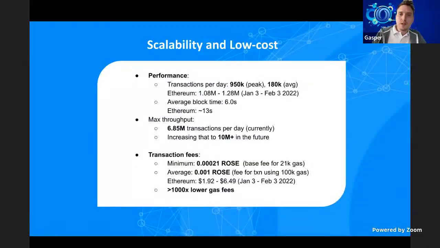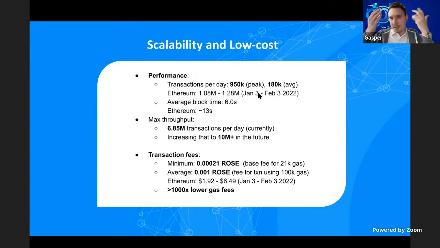So, just for comparison, when we launched the Emerald EVM Paratime, you will notice that we had almost the same transactions per day when we peaked as Ethereum on average, from January 3rd to February 3rd, basically in 1 month.